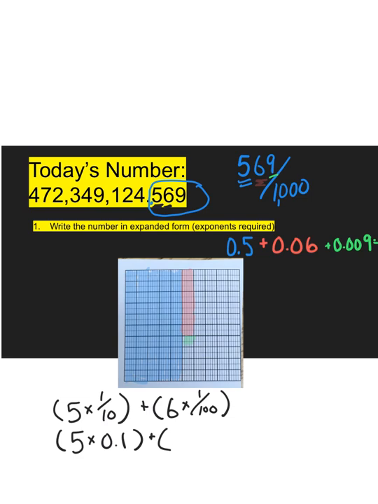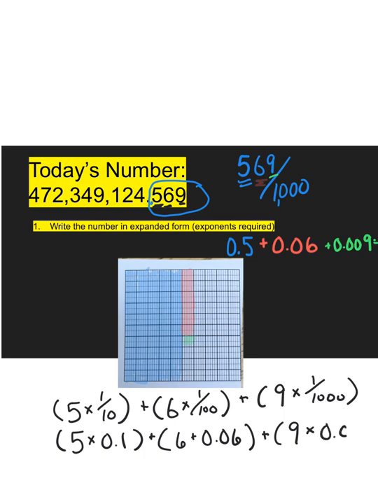Plus, okay, or you could write it in decimal form, would still be correct. Plus, last digit, which is a 9, times 1 out of 1,000. Okay, so that's how you would write your decimal amounts in expanded form.